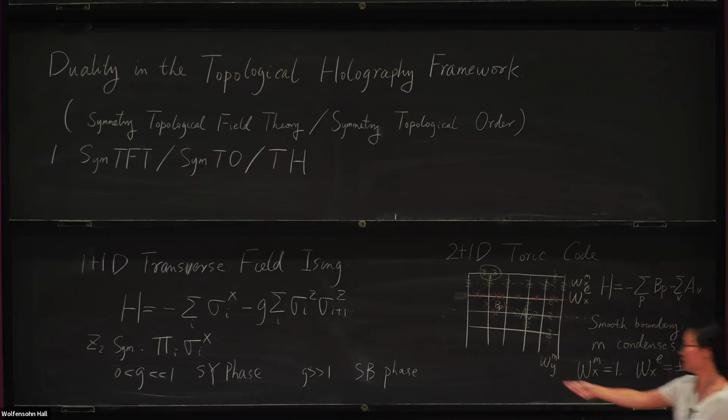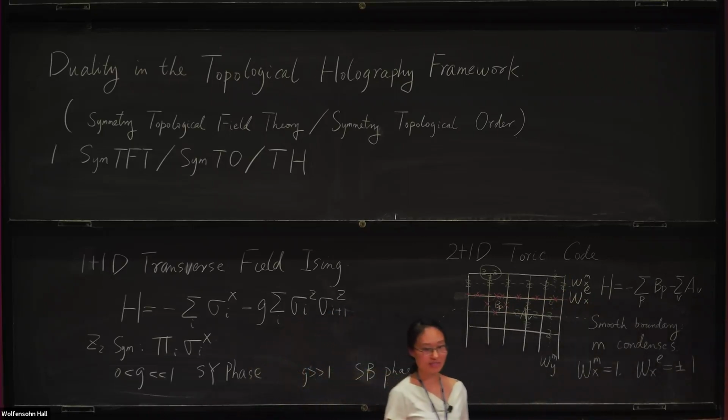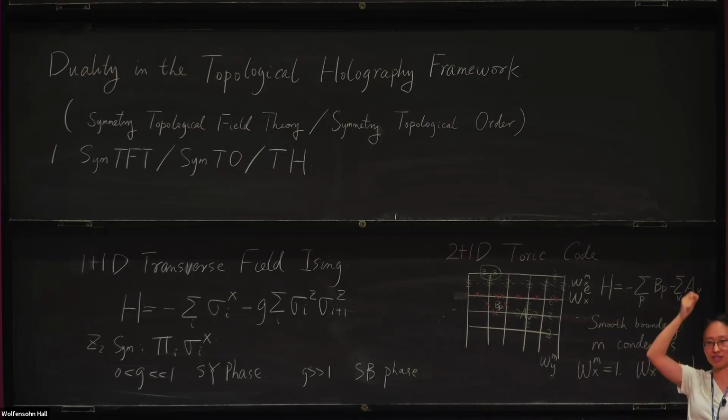So in the Ising chain, it would actually correspond to a single sigma Z. Okay, although here it has some extension. It's the cost of having a sandwich structure. The charged operator needs to traverse the whole thickness of the sandwich and tunnel from the bottom to the top.